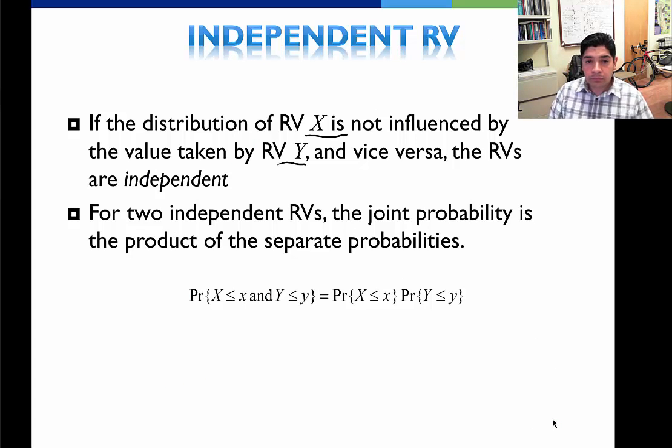The other important part here is that, and this is an assumption, we have 2 random variables and they are independent.